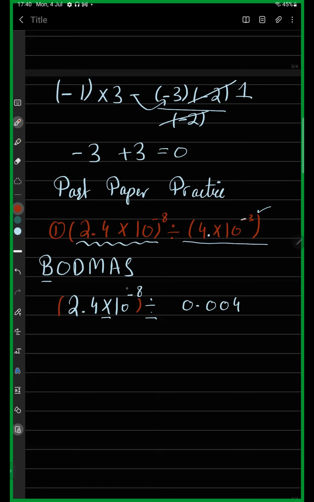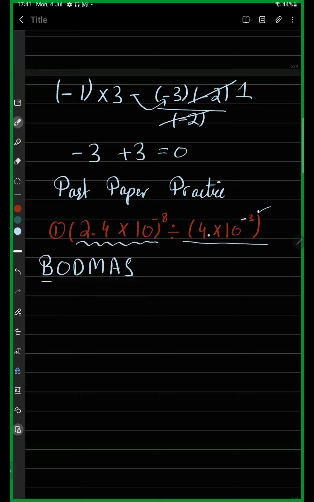Now what you can do is you can just convert this standard form to ordinary form. This we just converted, and then you can do it. Yes, you would be able to simplify it this way if calculators are allowed in that exam. But what if you get this question in P1 where calculators would not be allowed? So there we will be using the previous strategy or the previous technique.